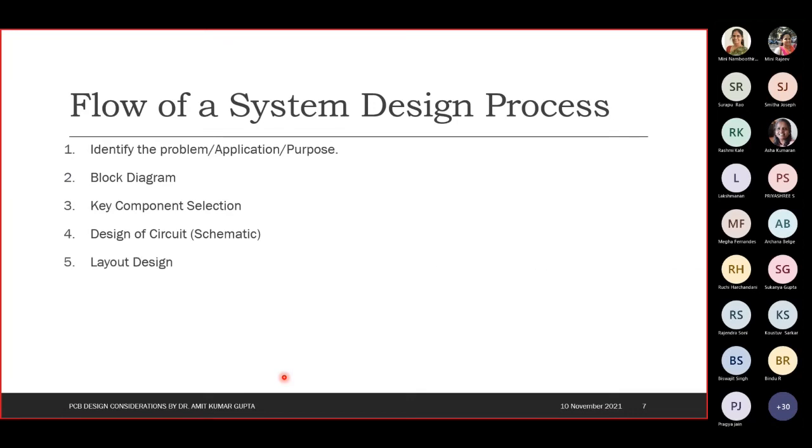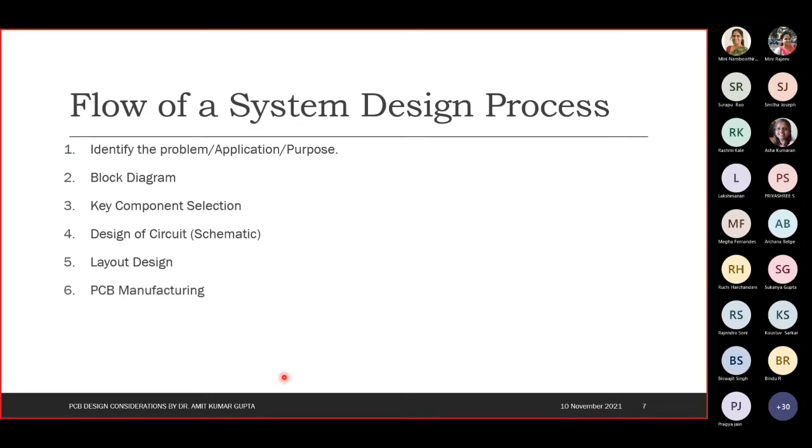Then layout design comes. Layout, I mean the PCB design, as well as anything within the circuit that we need to lay out, a layout for wire connections, or maybe there are multiple PCBs within a system. So how we will connect each of them with each other. It includes all of them, including PCB design.